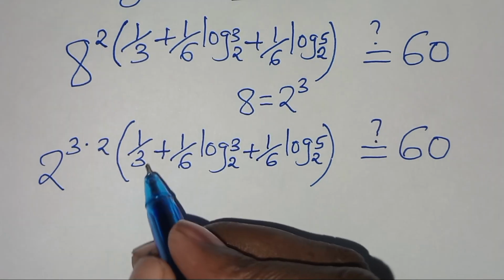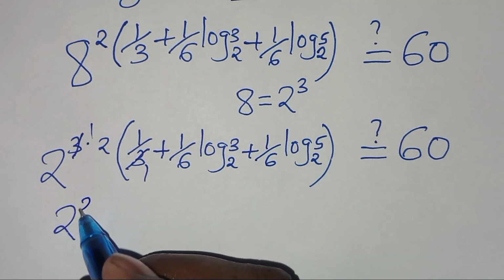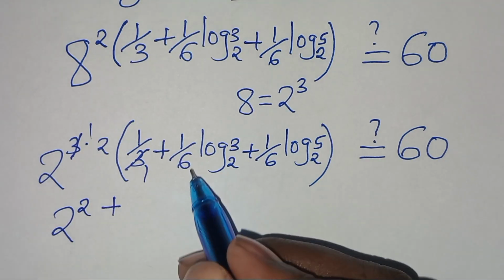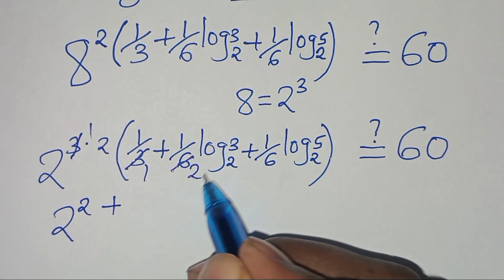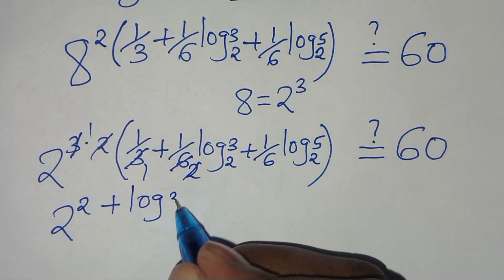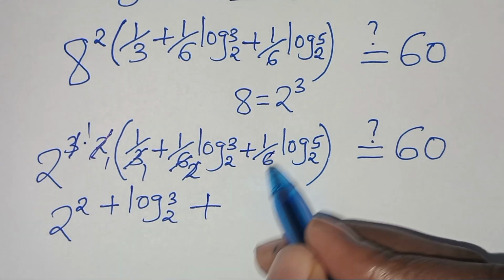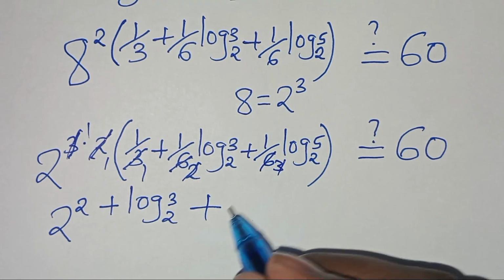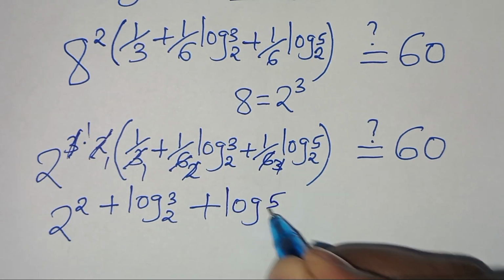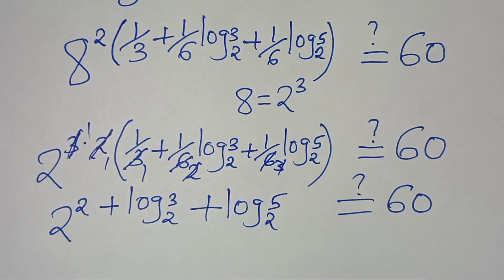Now let's simplify by 3, 1, by 3, 1. So we have 2 to the power 2, plus, simplifying by 3, this is 2, 2, 2 here. So we have log 3 to base 2, plus log 5 to base 2. This should give us a value of 60.